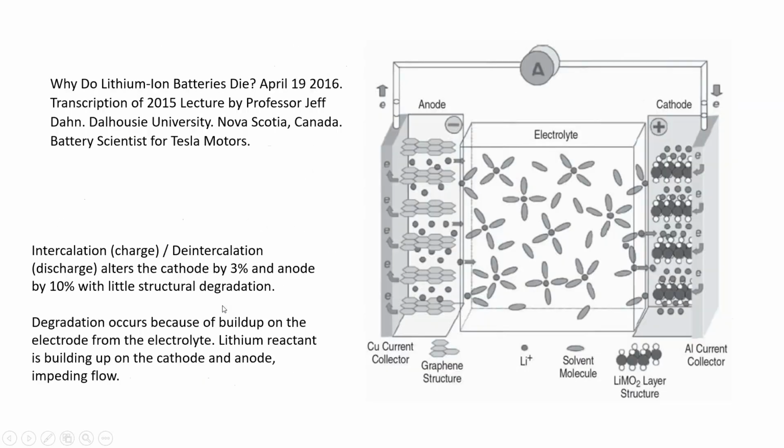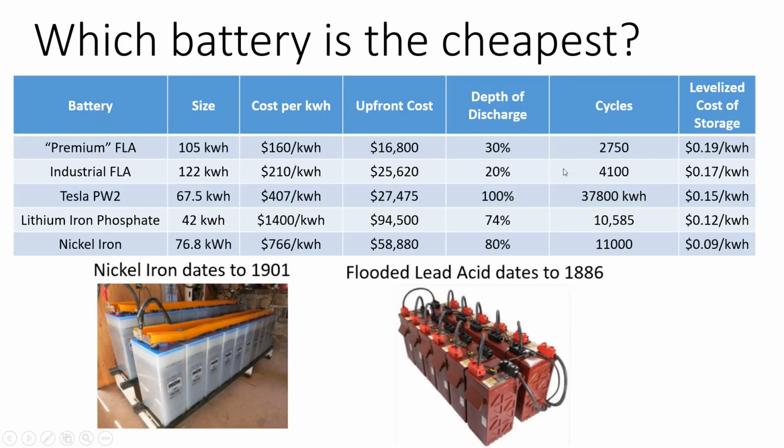But coming back to our previous chart on cost effectiveness, what we see is the kilowatt hour output coming from a Tesla Powerwall. To generate this levelized cost of storage, we just took the cost of the Powerwall and divided by the number of cycles coming out of it to give us this 15 cents per kilowatt hour output. You don't get the number of kilowatt hours under warranty coming from traditional lead acid.